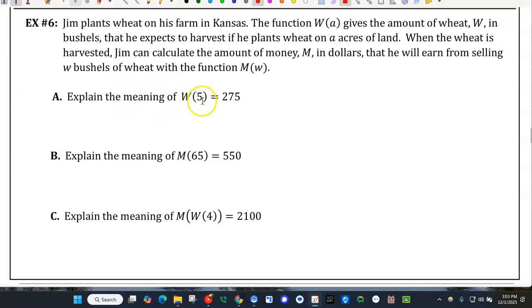So this 5 stands for 5 acres. 5 acres will yield 275 bushels. So we can say something like that. Jim plants 5 acres of wheat and yields, or produces, however you want to say that, 275 bushels.